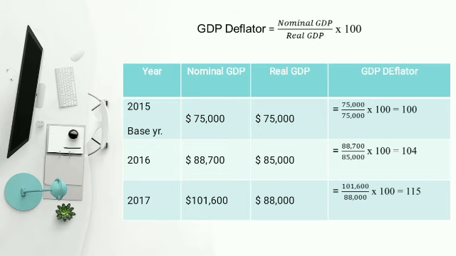Okay, next is the GDP deflator example. The formula is nominal GDP divided by real GDP, times 100.